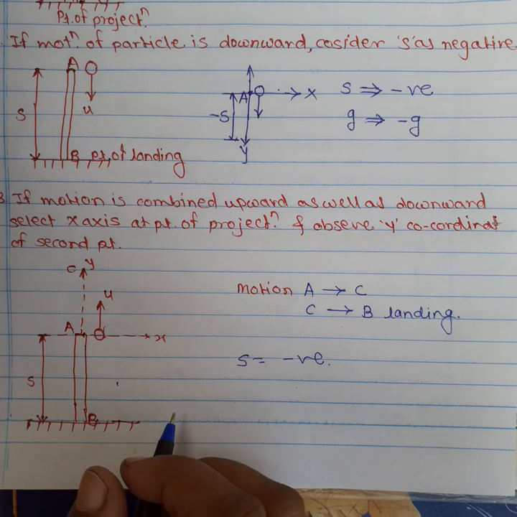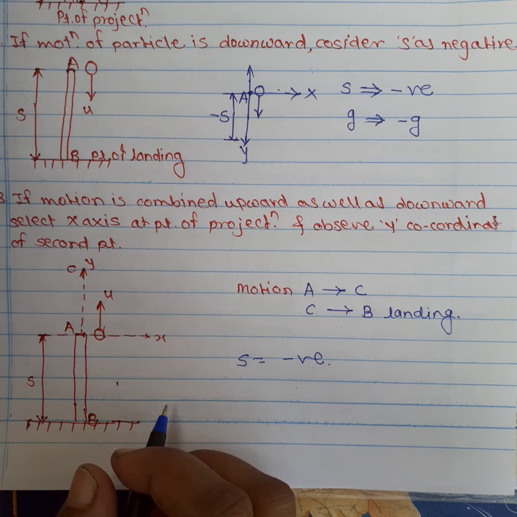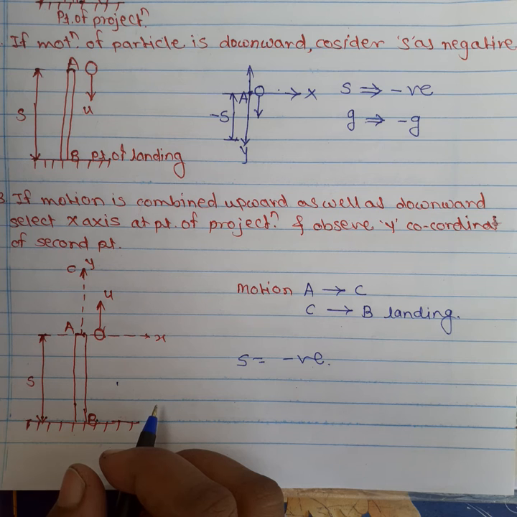Such a condition is mostly observed when you are on the top of a building, and from the top of the building we throw the stone upward. When the stone reaches its maximum height it comes downward up to the height of the origin.